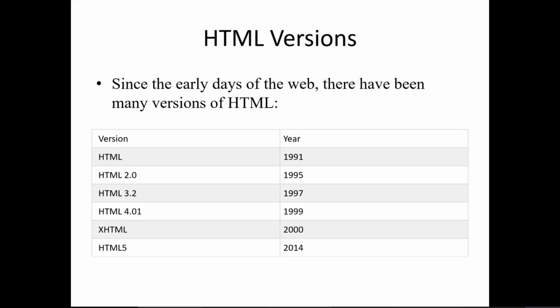After the release of HTML in 1991, the new version HTML 2.0 came in 1995. Then in 1997, we had HTML 3.2. In 1999, we had 4.01. Then XHTML came in 2000, and HTML5 came in 2014. So these are the different versions available for HTML since the early days of the web.